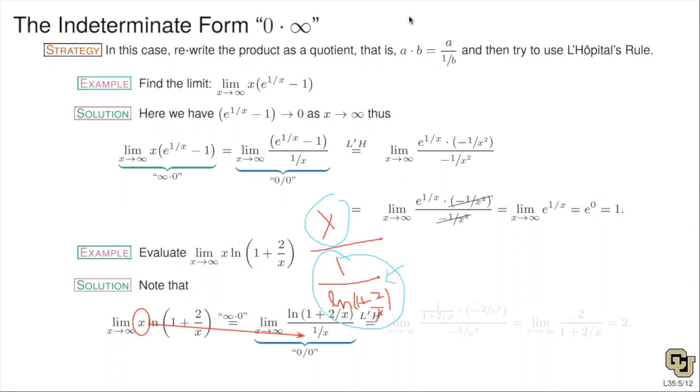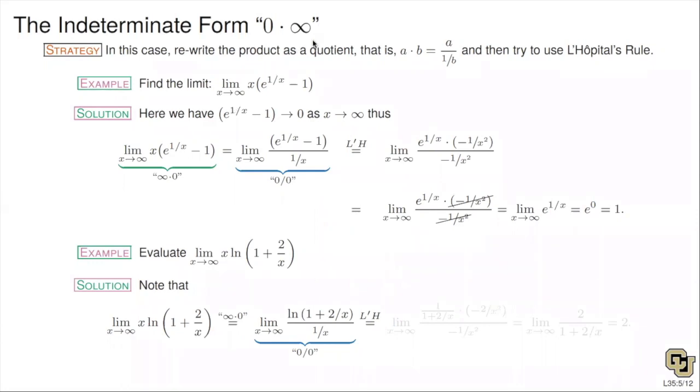So we need the chain rule. So it just gets messier and messier. So divide by 1 over x, apply the limit. This time you get 0 over 0. The numerator goes to ln of 1. Denominator goes to 1 over infinity. And so that's 0 over 0.